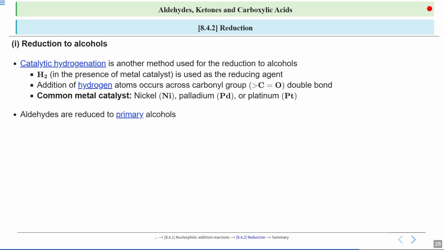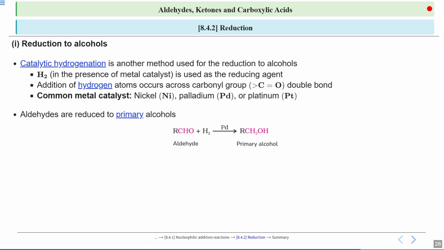Now, aldehydes are again reduced to primary alcohols. If you look at this aldehyde, when you do the catalytic hydrogenation of this aldehyde in the presence of a metal catalyst, which is palladium, you get a primary alcohol. There is addition of H2.